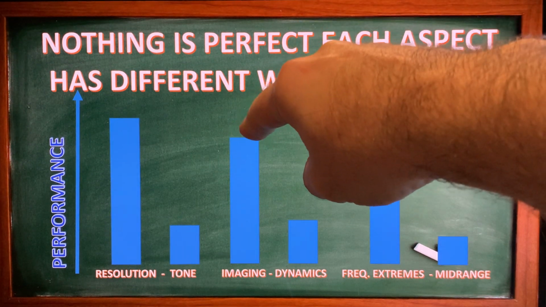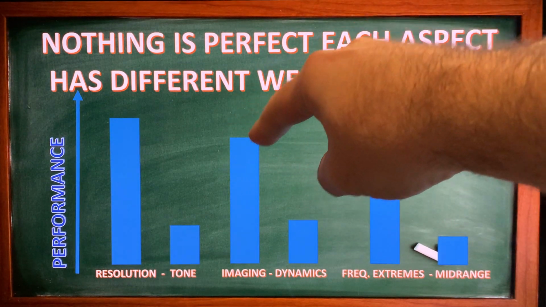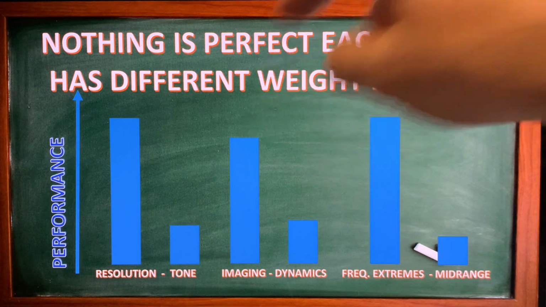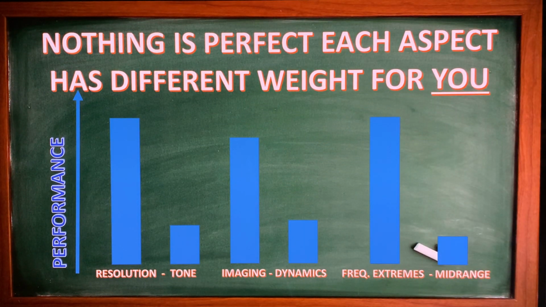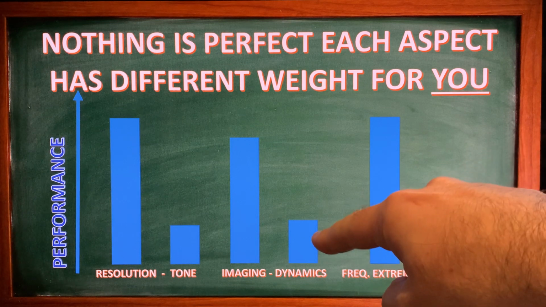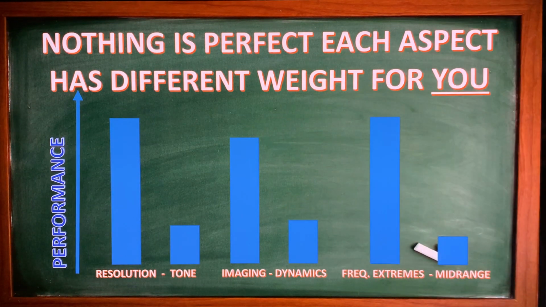Because if you want imaging, then for you a product that has better imaging but worse dynamics will be a clear-cut winner, a big improvement. But if your body is listening to dynamics, he won't care about a sharper image. All he will hear is decreased dynamics. And that's how things are.